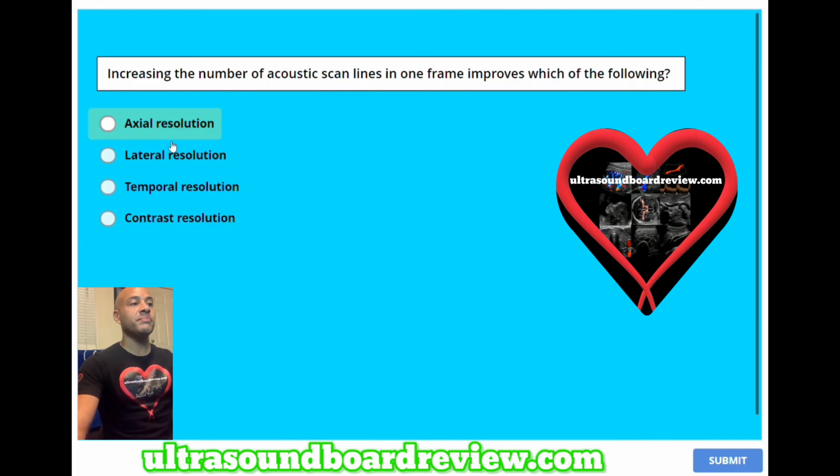A, axial resolution, B, lateral resolution, C, temporal resolution, or D, contrast resolution? The answer is B, lateral resolution.